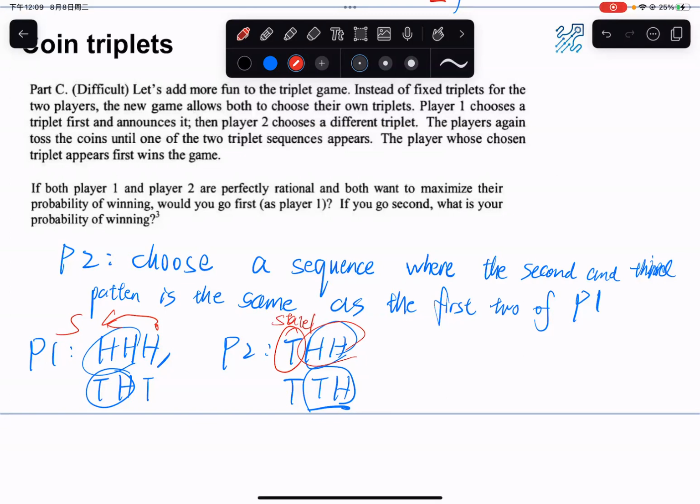And every time when player one already has two in sequence, let's say he already has HH, there is a probability that player two already finished the game. He already formed all the triplets. Okay, so that gives player two better odds. I think it is an intuitive way to understand why player two has a better chance to win. Because each time when player one only has the first two patterns, player two could already have the triplet. Okay.